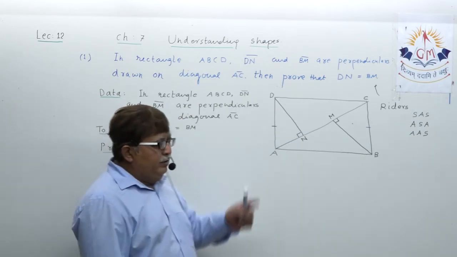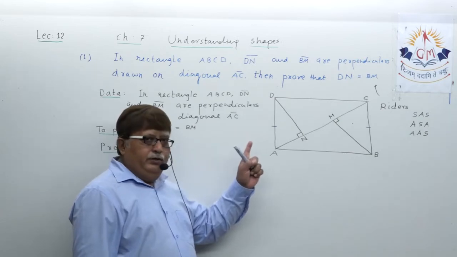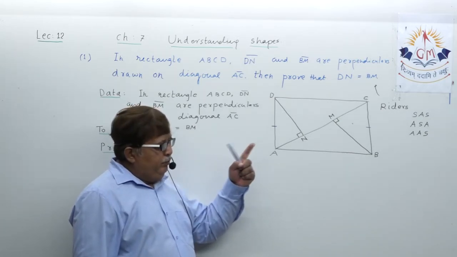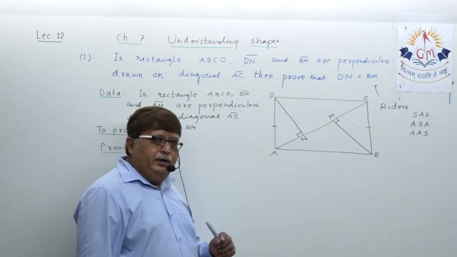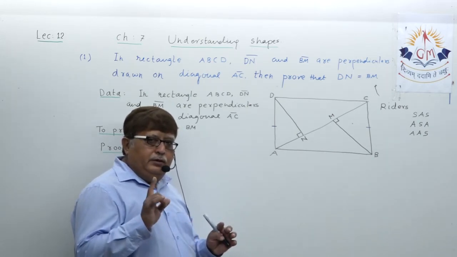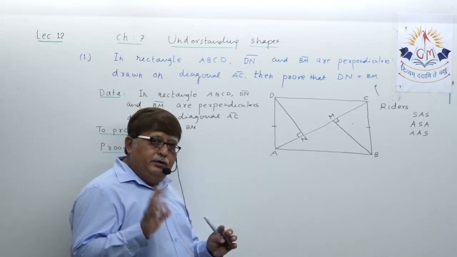Why have I narrated this? Because we have to utilize this postulate or criterion AAS. AAS means two pairs of angles, one pair of side which is never included.